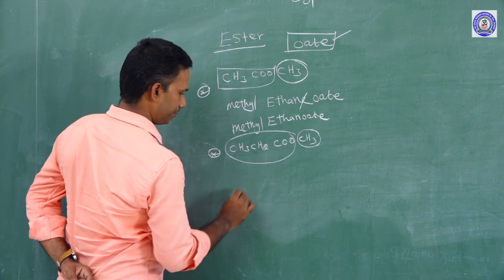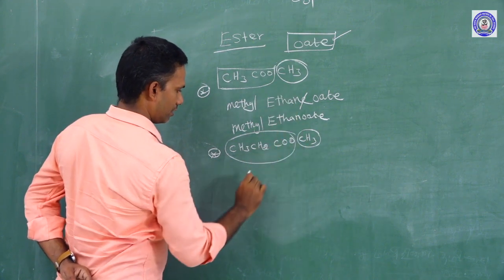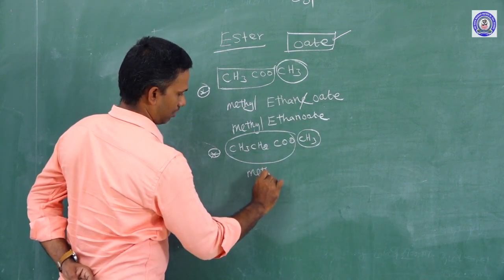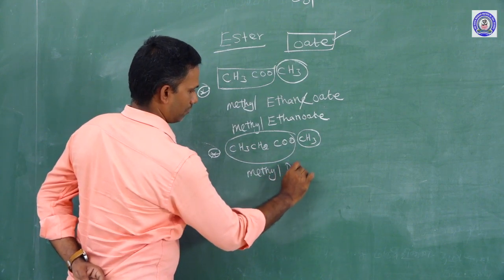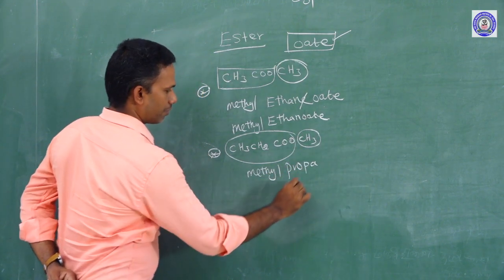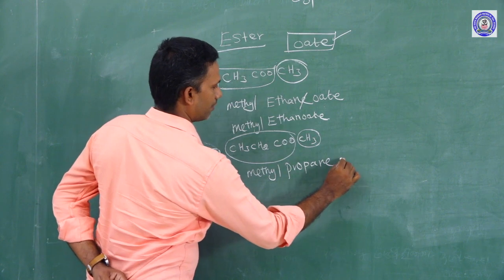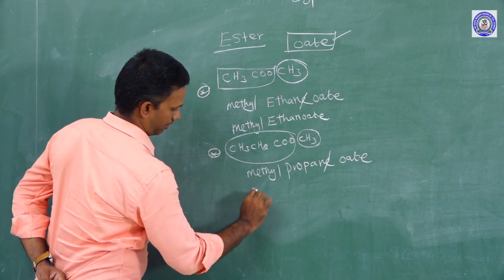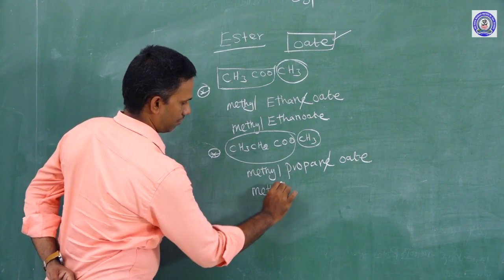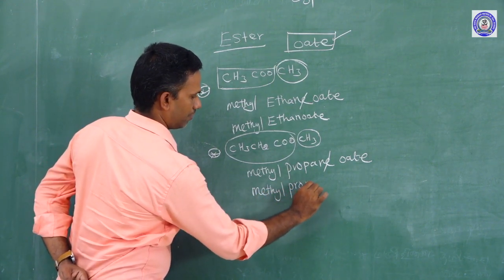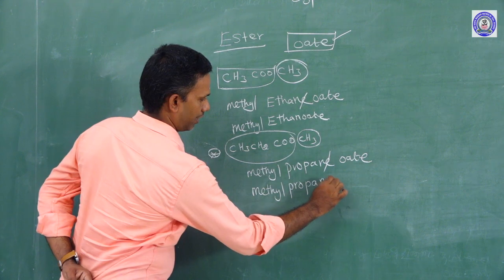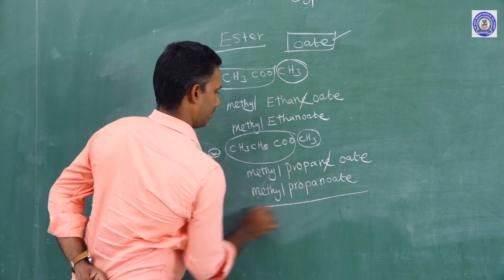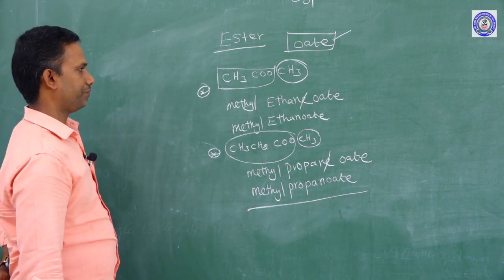So 3 carbon, propane, oate, and E should be eliminated. So the name will be methyl propanoate. Methyl propanoate.